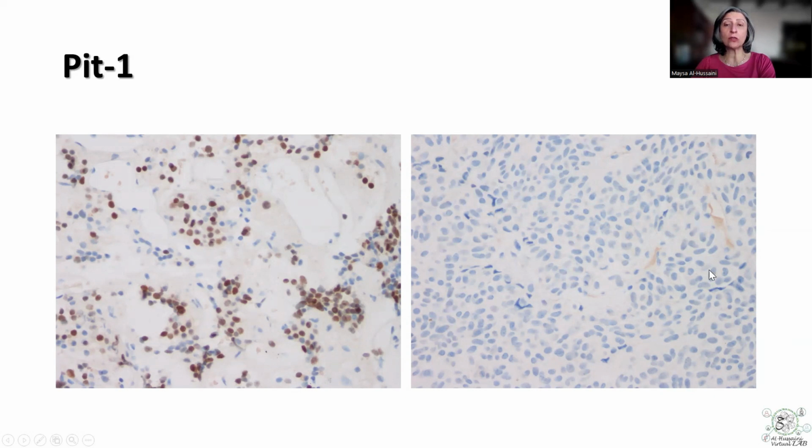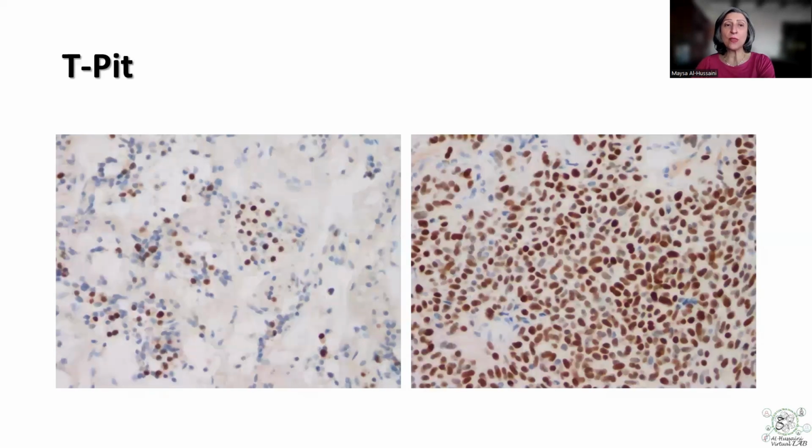It was not highlighting or showing positivity in the nuclei of any of the tumor cells. However, this is the normal pituitary gland, where we can see the normal distribution of these three cell types within the normal pituitary gland, and thus served as internal positive control in this case.